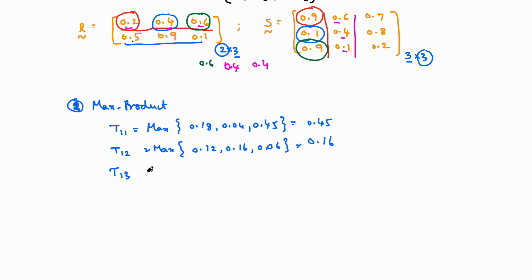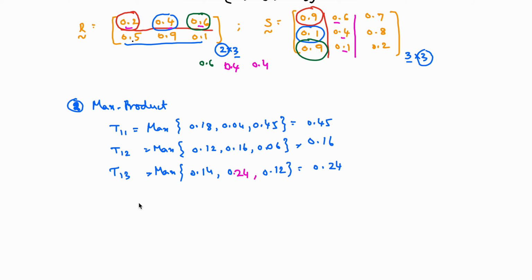Similarly, T13, it is the maximum of 0.2 into 0.7, so it is 0.14, and 0.48, and 0.6 into 0.2, it is 0.12. So the maximum out of these things is 0.24.